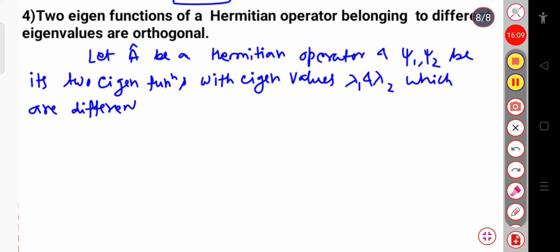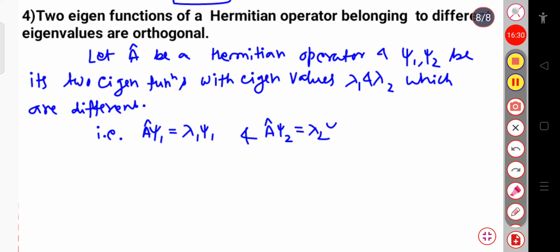So it means that when A cap operates on the wave function psi 1, it will give the eigenvalue lambda 1 with the wave function psi 1, and when A cap operates on psi 2, it will give the eigenvalue lambda 2 with psi 2, and here lambda 1 is not equal to lambda 2. These are two different values.